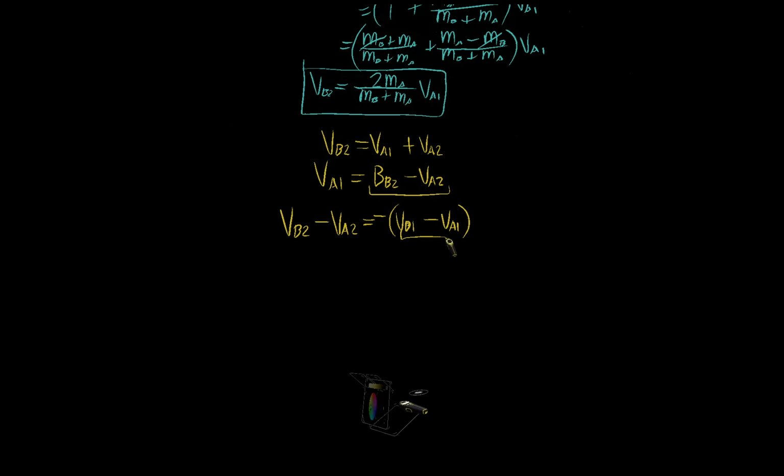These are relative velocity quantities, right? This is the relative velocity after and the relative velocity before. What we came to was that the relative velocity after is just the inverse, but equal in magnitude, to the relative velocity before. This is for elastic collisions.